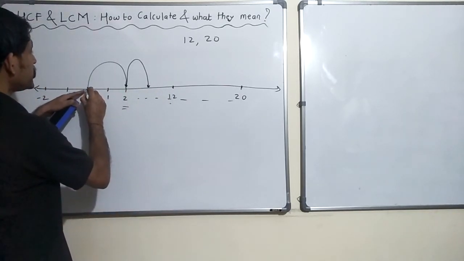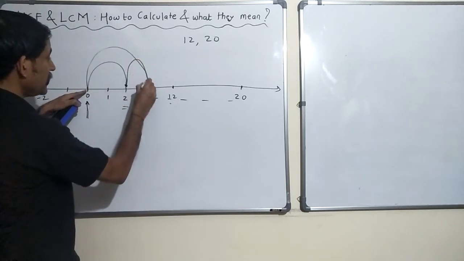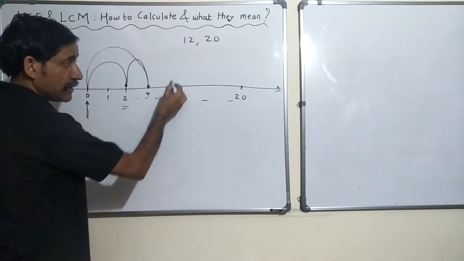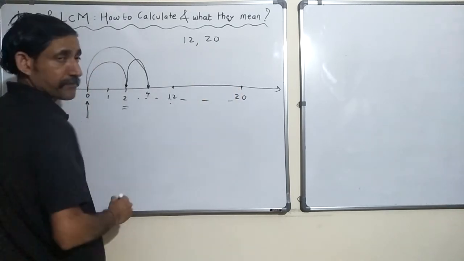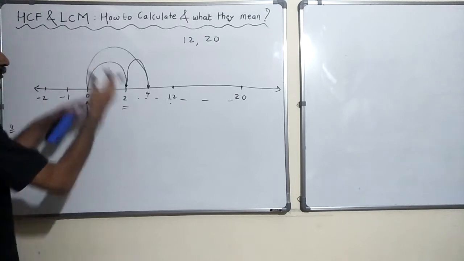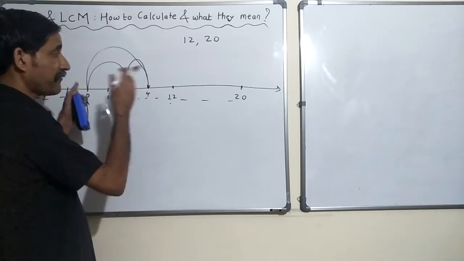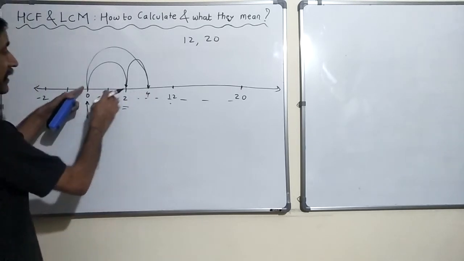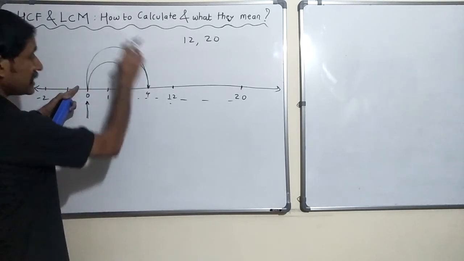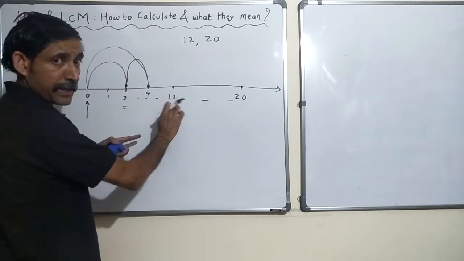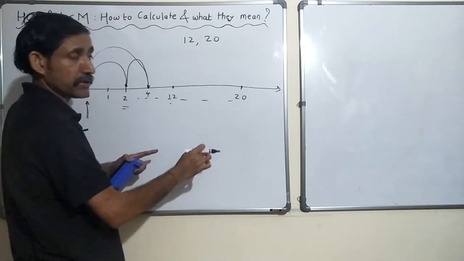When we calculated, it is 4. So if I jump 4 steps, I'll land on 4, then 8, then 12, then 16 and then 20. That is what an HCF means. Beyond 4, if I take 5 steps, 5, 10, 15, I am not landing on 12, but I land on 20.